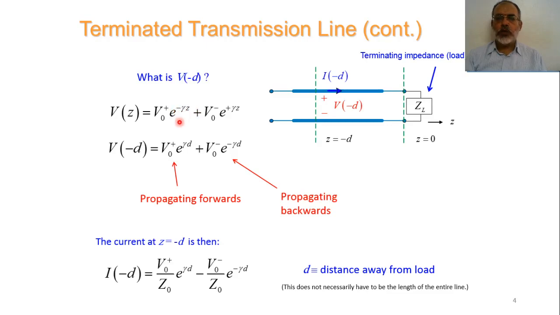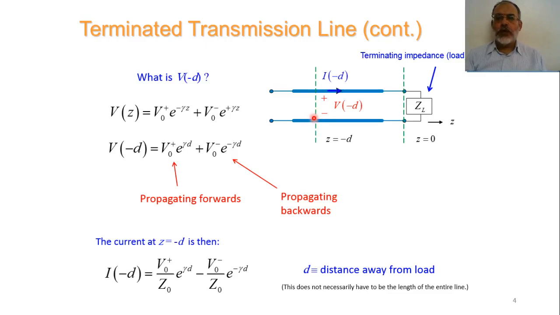Minus minus would be positive, so V naught plus e to the power gamma d, plus V naught minus e to the power plus gamma z, and z in this case is minus d, so it would be e to the power minus gamma d. This is the voltage at a distance d from the load, such that the load is located at z equals 0 and the observation point is located at z equals minus d.